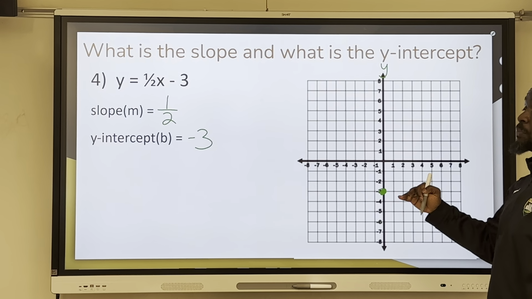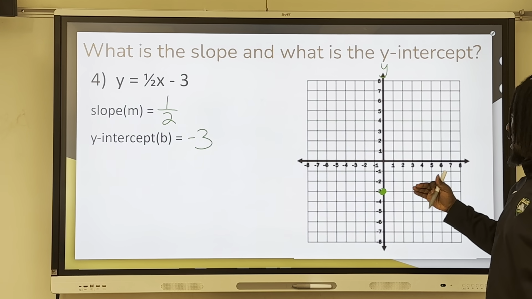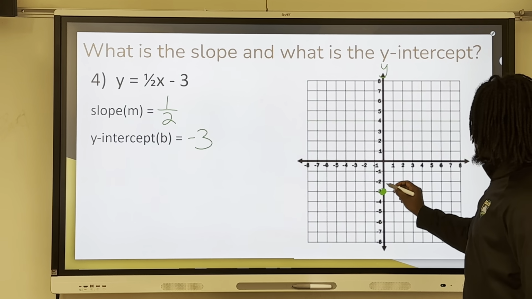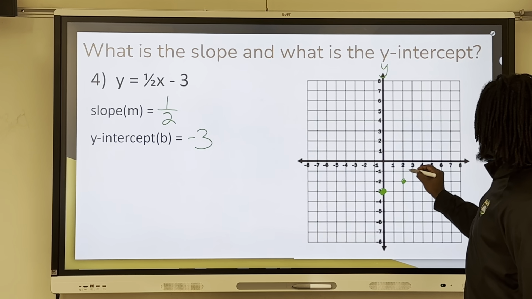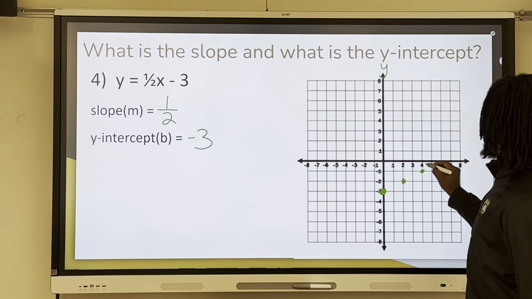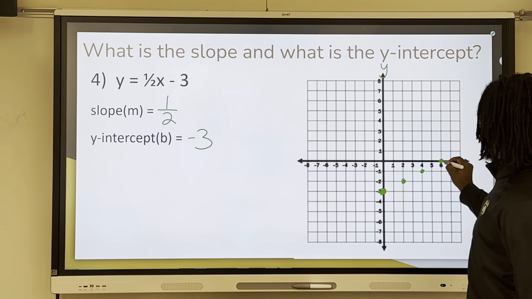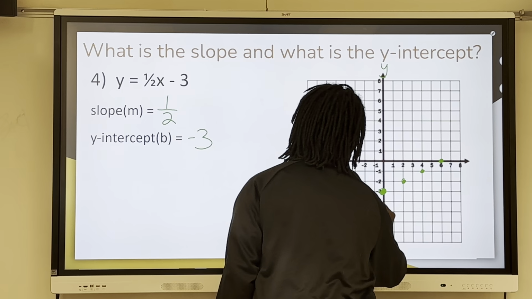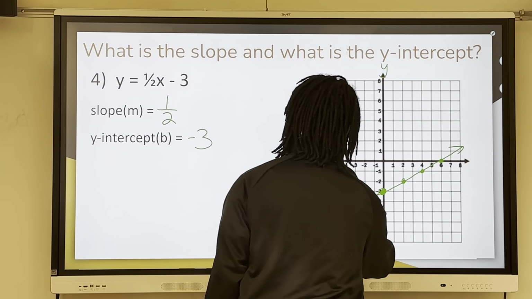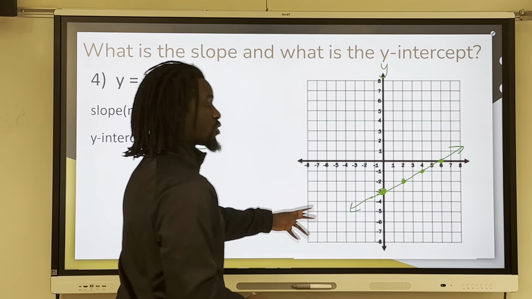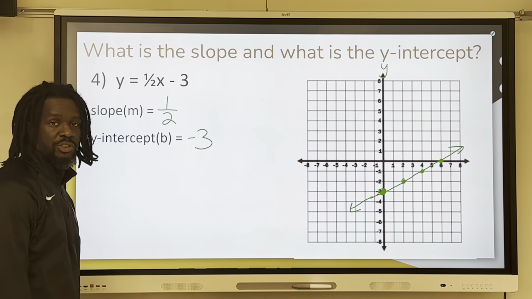And then the slope is 1/2, positive 1/2. So I'm going up and then over 2. So up 1, over 2. Up 1, over 2. Up 1, over 2. And then that gives me, and then I just connect these, and that is going to show us our graph for that function.